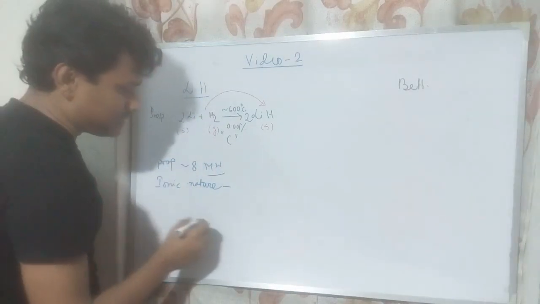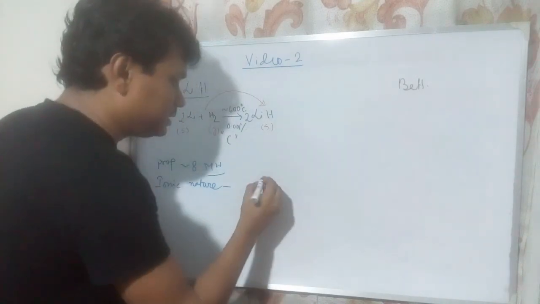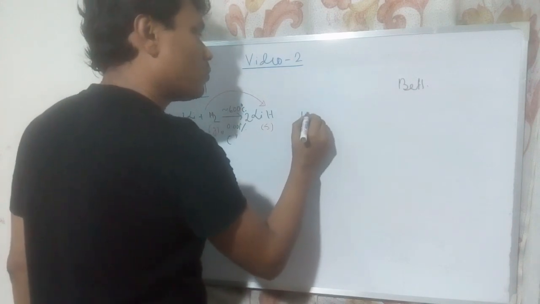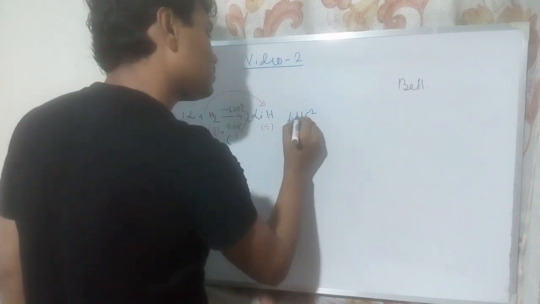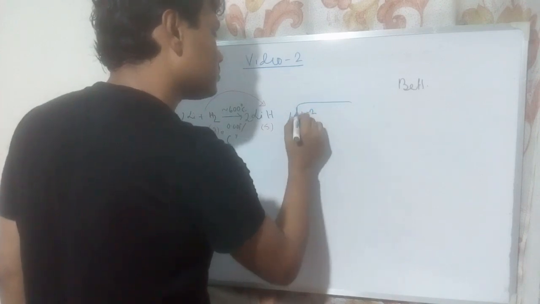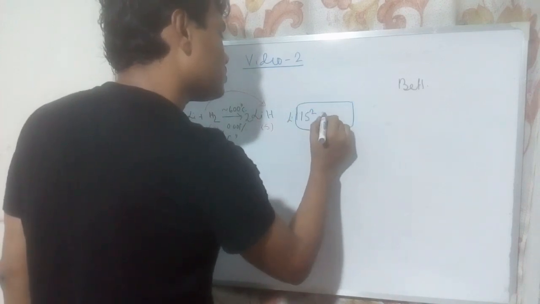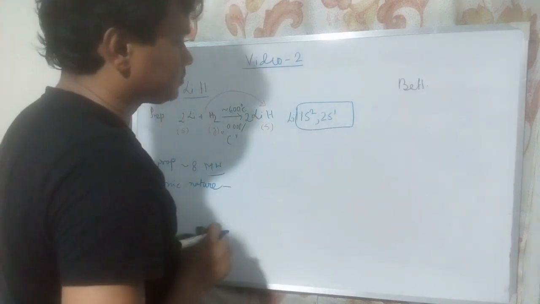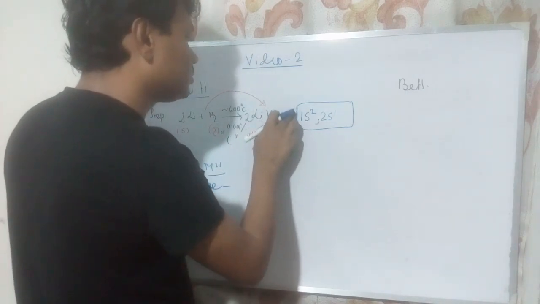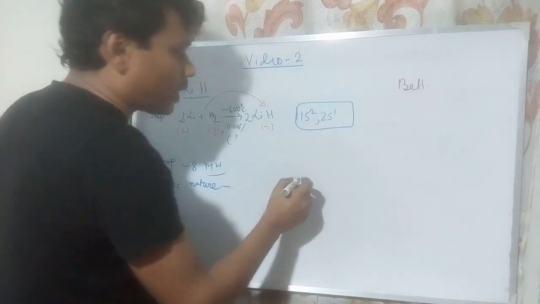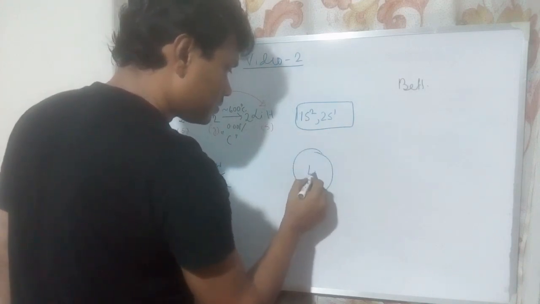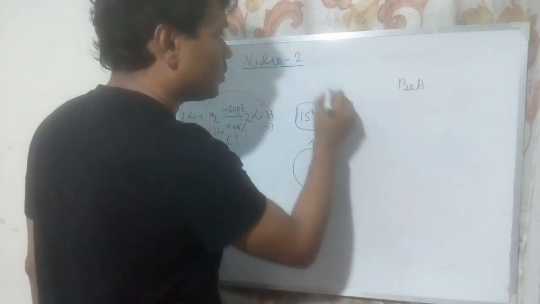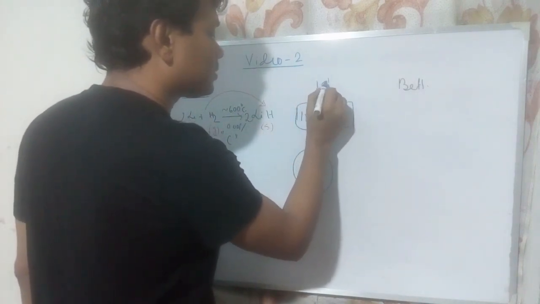And this ionic nature arises because lithium is in group 1 and its electronic configuration is 1s2 2s1. This is lithium's configuration. So its outermost valence shell contains 1 electron and hydrogen has only 1s1.